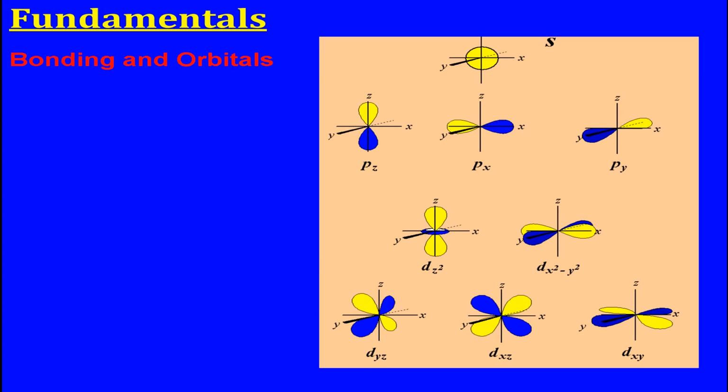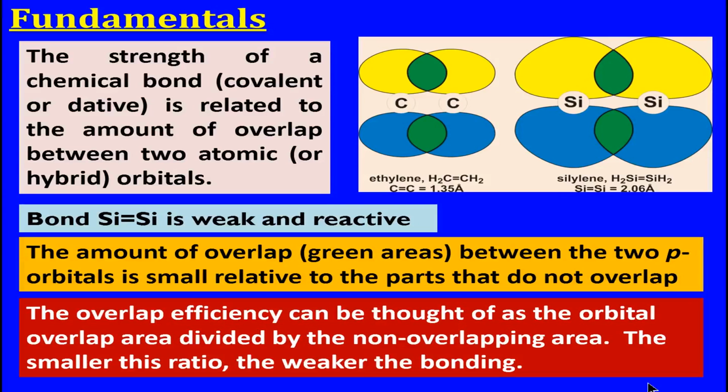This is the representation of p orbitals and d orbitals of a metal center, and as I said, for a metal center, we have practically orbitals in all directions. The strength of a chemical bond is related to the amount of overlap between the atomic orbitals of the two atoms.